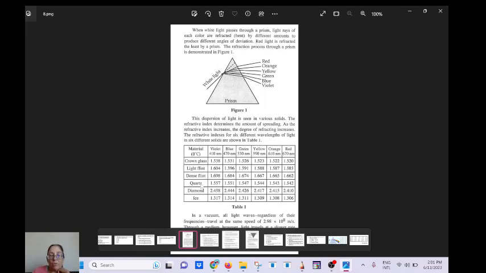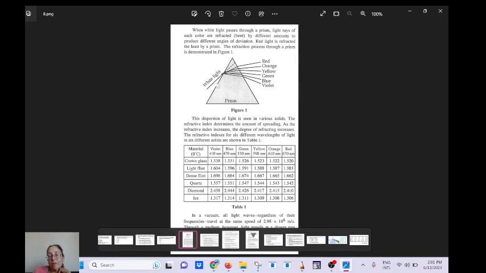So for example, quartz, you see blue light is associated with a larger index of refraction. Red light, the index of refraction is smaller. That's how we can use a prism to make rainbows.